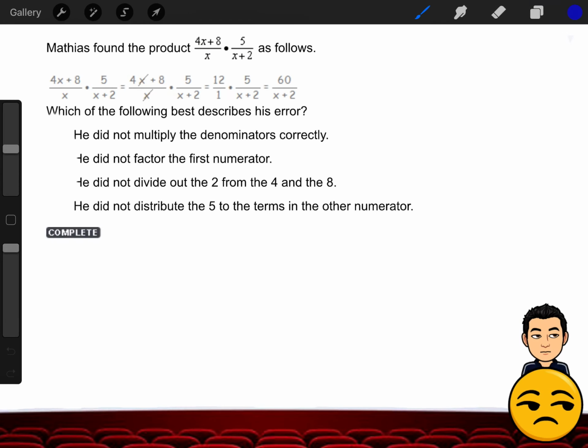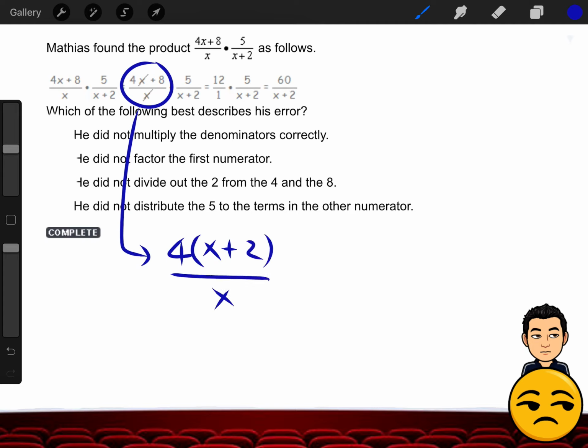All right, so what is the mistake that this person made? Okay, so you can't do this. First, if you want to simplify any term, you have to factor out the 4 from 4x plus 8. So it becomes 4 times x plus 2 over x.